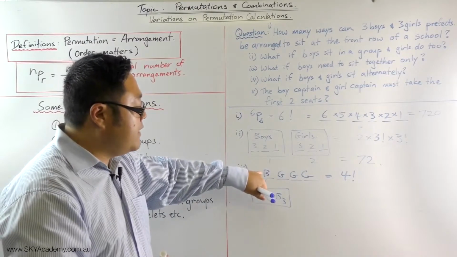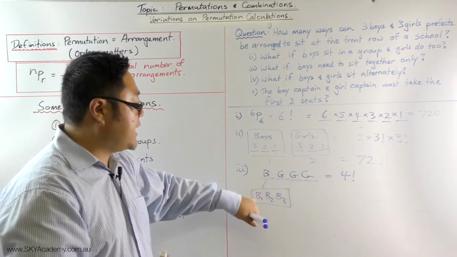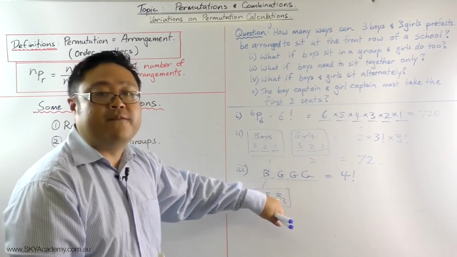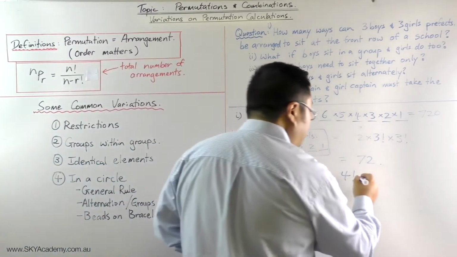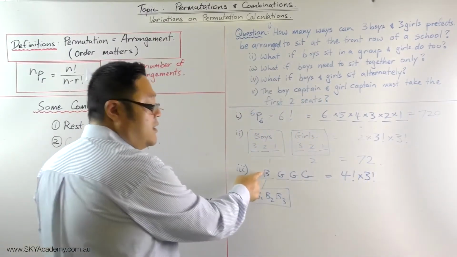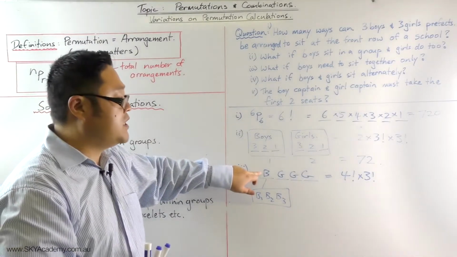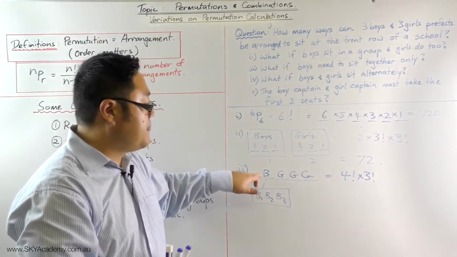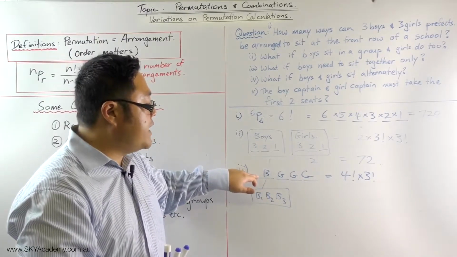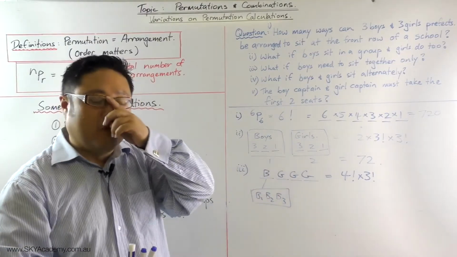But within this element, you can actually have 3 factorial versions of this particular boy group. Does that make sense? So you need to take the arrangements of the bigger group and multiply by the number of arrangements of the smaller group.